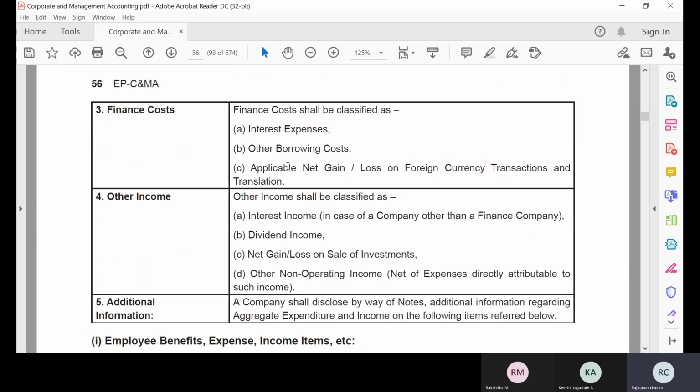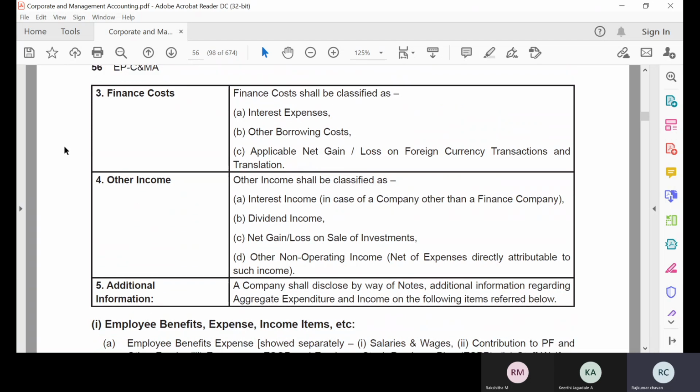Okay. Now let us move on to the next one, that is the third one, finance cost. What is finance cost? Finance cost is basically the cost related to finance, when you're generating the money. So when you're taking a loan or when you've borrowed money, whatever cost you incurred on that borrowed amount is called finance cost. Like interest expenses, other borrowing cost, applicable net gain or loss on foreign exchange transactions.